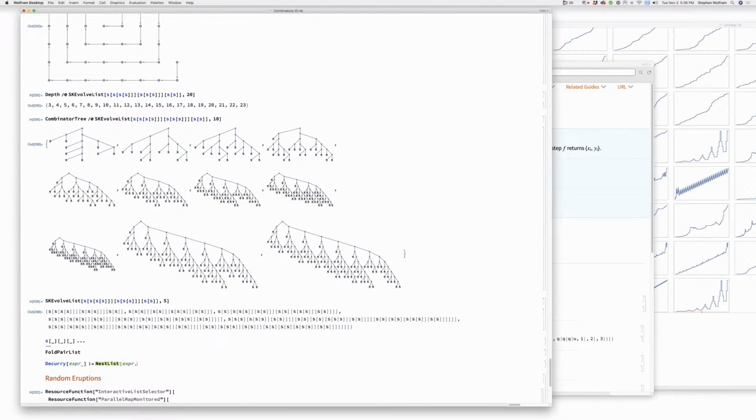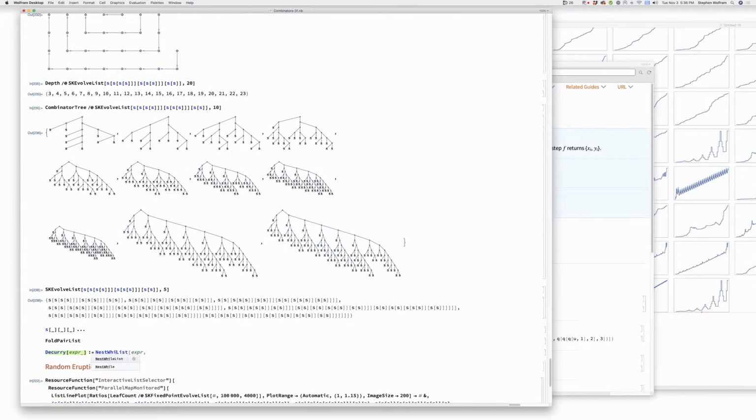So each step, actually, if what I did was just nest while list, X first, yeah, this might work. And then I say the test is head of hash is not equal to symbol.